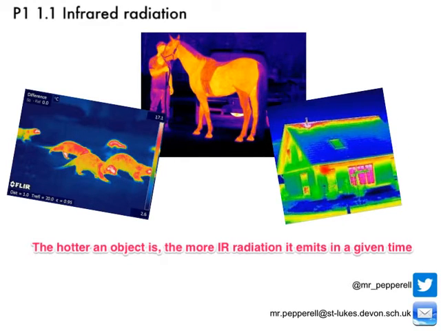The roof is colder, it's giving out less infrared radiation. If we look at the otters over here, we can see their heads are white, so they're giving out a lot of infrared radiation, whereas the end of their tails, probably dipped in the water, a bit cold, so they're blue, they're not giving out as much infrared radiation. So all objects do give out infrared radiation, just not the same amount.